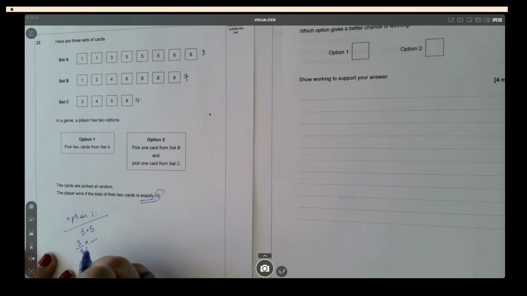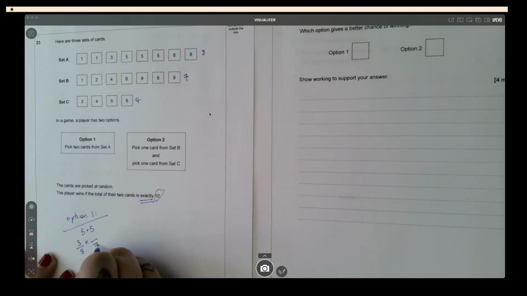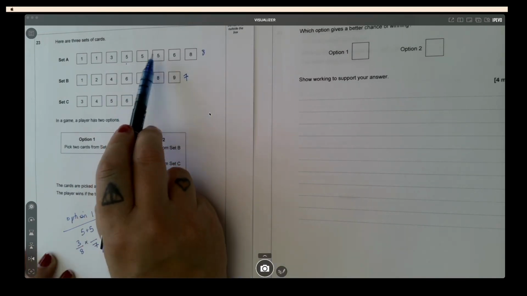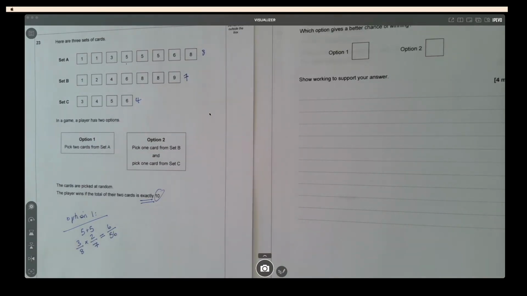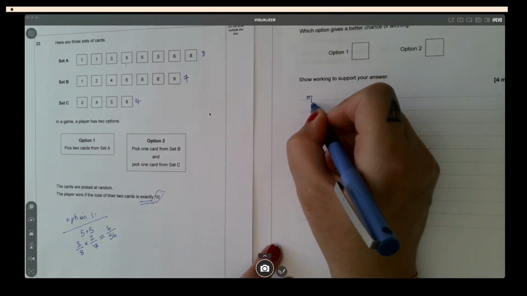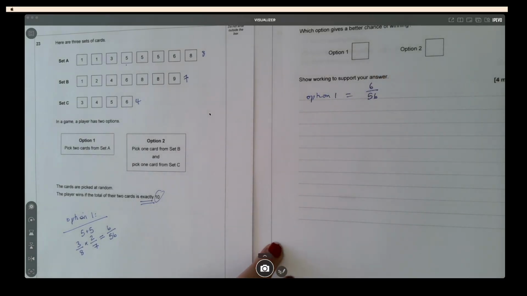And then for the second card, because we're picking 2 cards from set A, there would only be 7 cards to pick from because we've already chosen 1, and that would leave 2 5s to pick from. So 3 times 2 is 6, 8 times 7 is 56. So option 1 is a 6 out of 56 chance of winning.